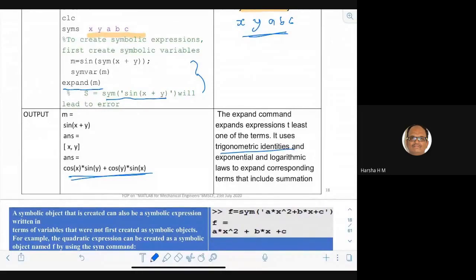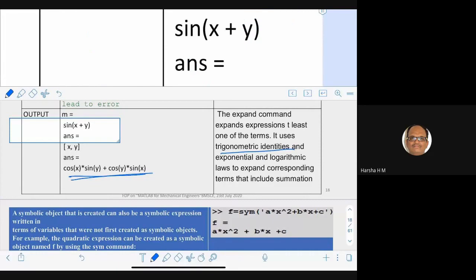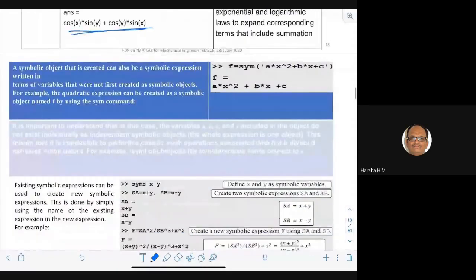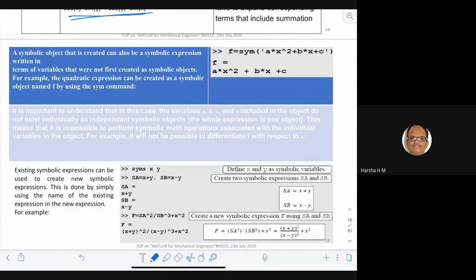So when you use the word expand, remember, sine of a plus b becomes sine a cos b plus cos a sine b, or sine of a minus b; all the expansions can be obtained here. So I'm introducing you to one more command after the double command, which is the expand command.